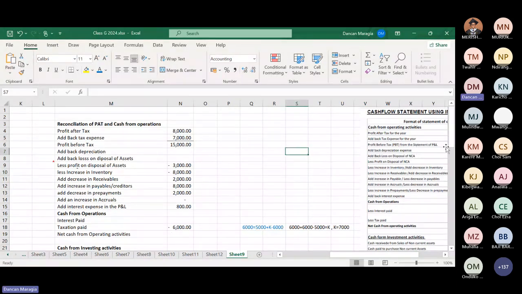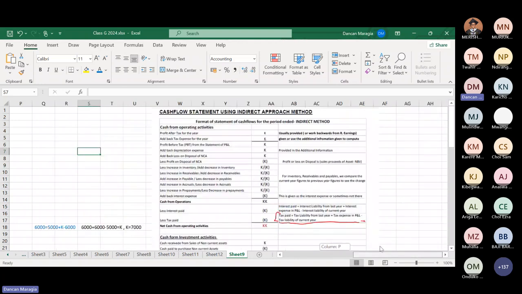Now, we go to the other one I wanted. The same concept applies for interest paid. We also take interest liability from last year plus interest expense in the P&L minus interest liability of the current year to give us the interest paid.